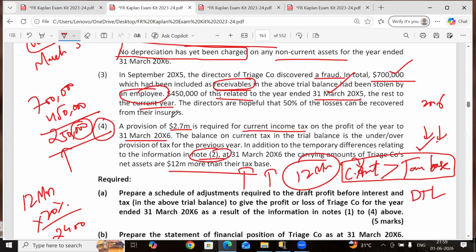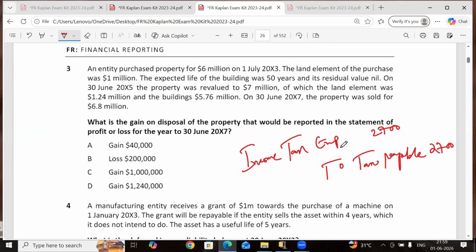A provision of this much is required for current income tax on the profit of the year to 31st March 2006. So the entry passed is income tax expense to tax payable. The current year estimate is a tax expense shown in the statement of profit or loss, and tax payable is the current liability shown in the statement of financial position. That's it.